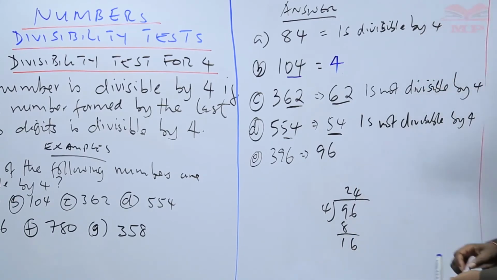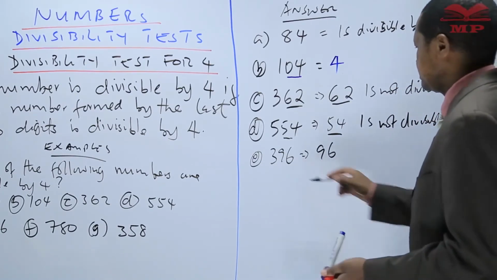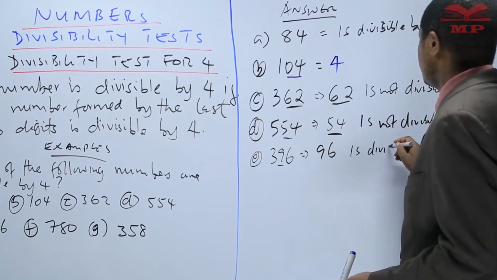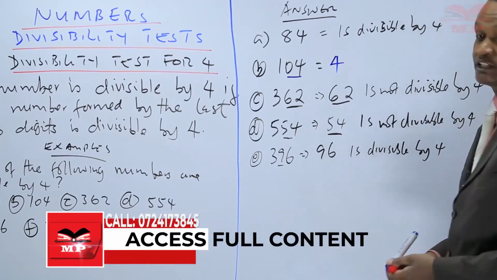Yes, 396 is divisible by 4. We have tested.